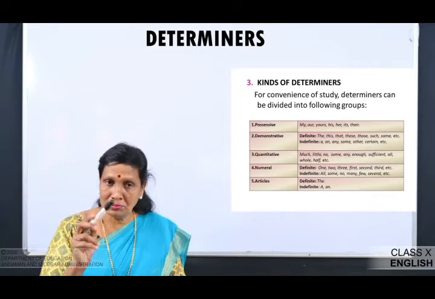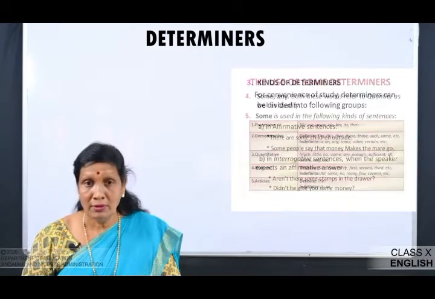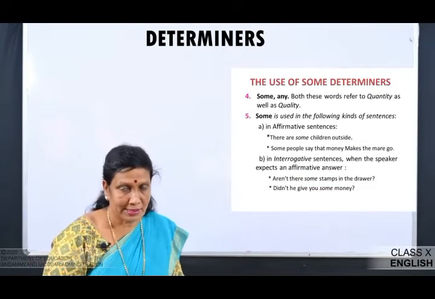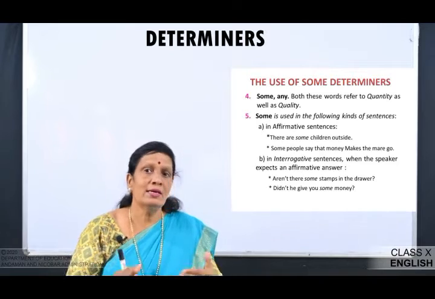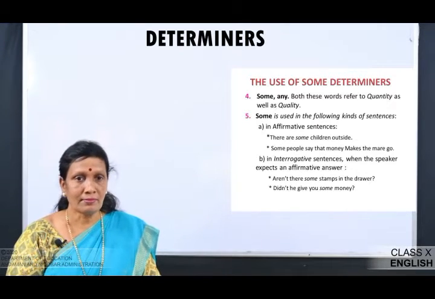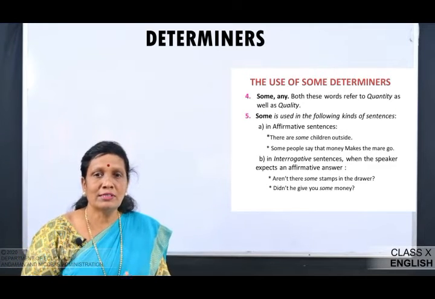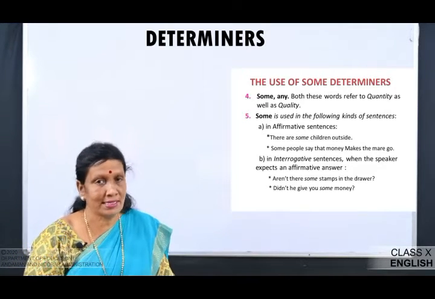Okay, so I hope this table is clear to you. Now, let's try to look at some of the determiners and how we use them. Now, some, any. Both these words refer to quantity as well as quality.